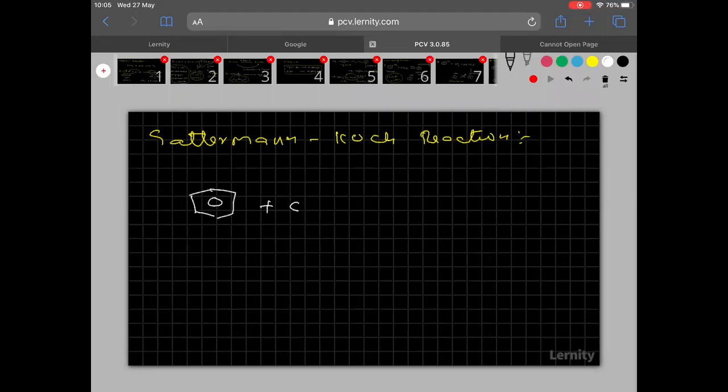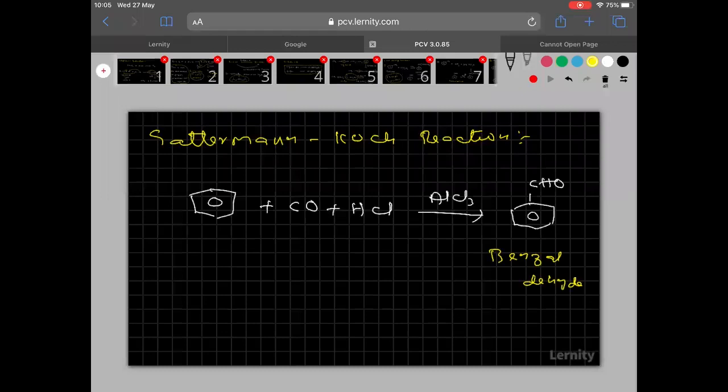So this benzene, when treated with carbon monoxide and HCl in presence of anhydrous AlCl3, clear? Then the product formed is benzaldehyde, an aromatic aldehyde. And remember, this reaction is said to be the Gattermann-Koch reaction.